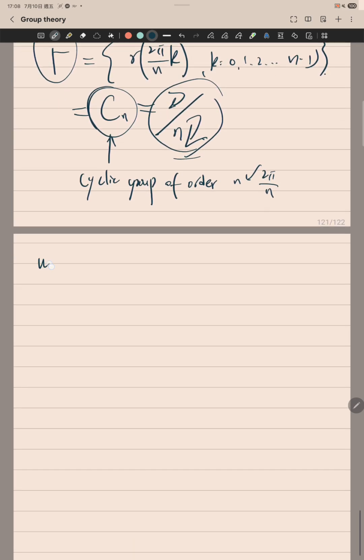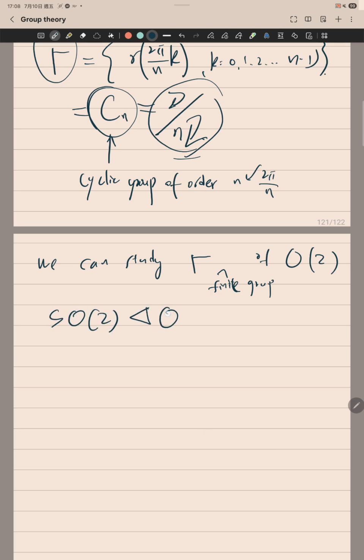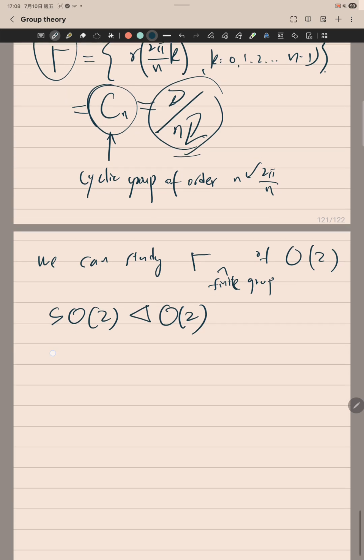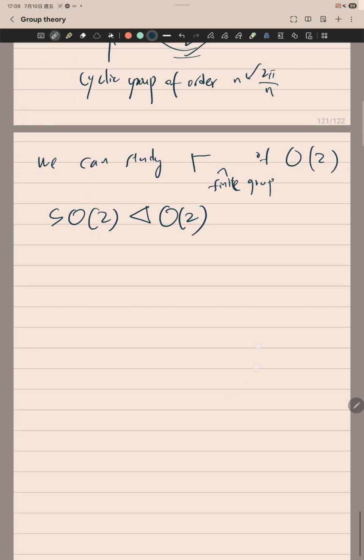Okay, so now we can study gamma, which is a finite group of O2. First, I know that SO2 is a normal subgroup of O2, right? So now I want to apply the second isomorphism theorem.